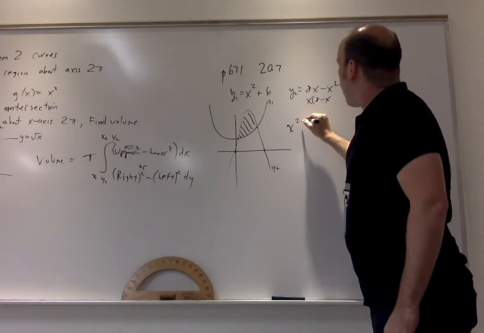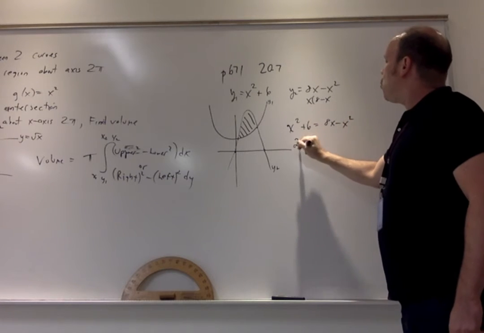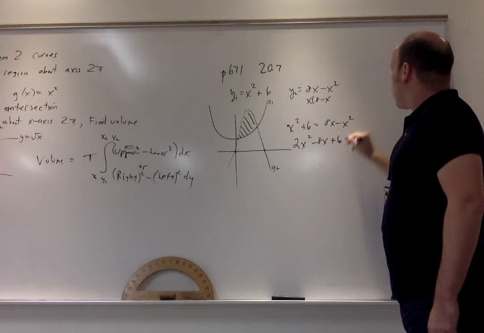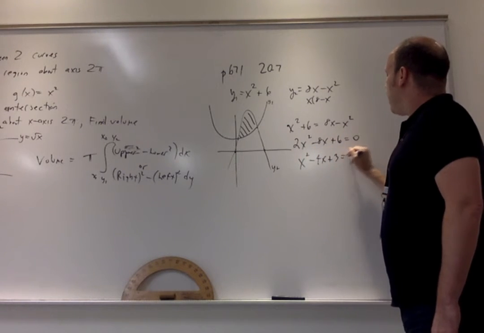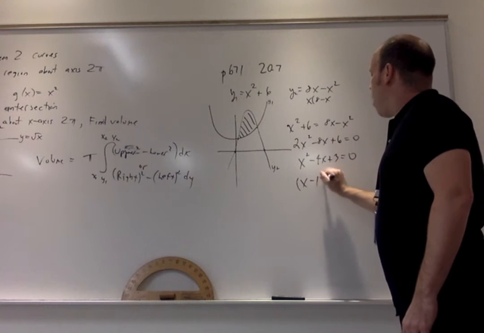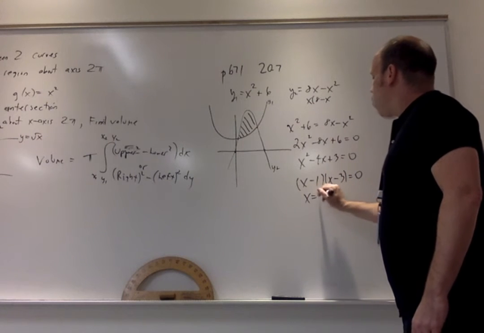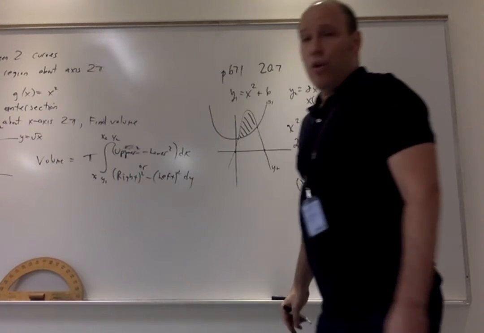x squared plus 6 equals 8x minus x squared. 2x squared minus 8x plus 6 equals 0. x squared minus 4x plus 3 equals 0. You know where this is going. (x minus 1)(x minus 3) equals 0, so x equals 1 and 3. You start to write it out.